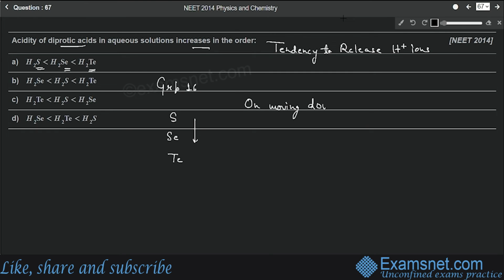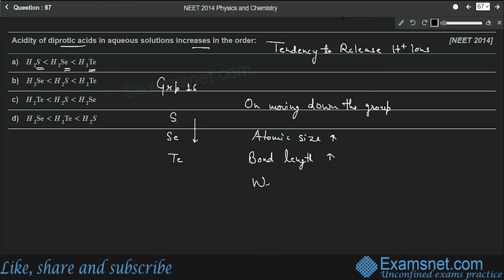Moving down the group, the size of the atom increases. That means atomic size increases. When the size of the atom increases, bond length also increases, and as the length of the bond increases, its strength decreases.